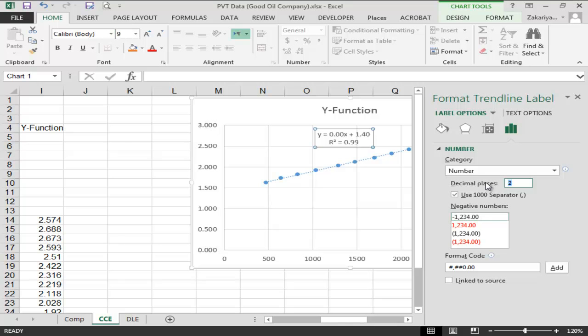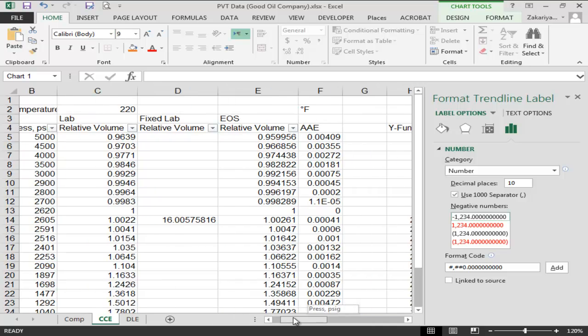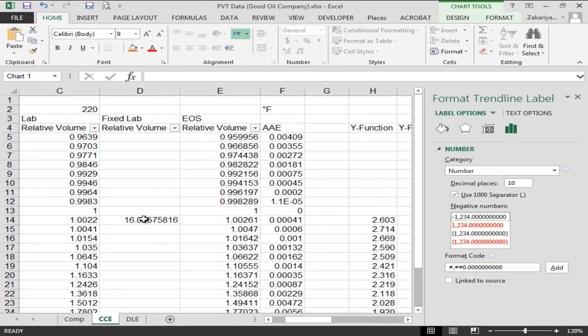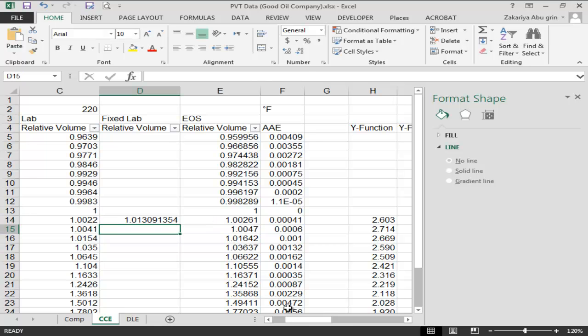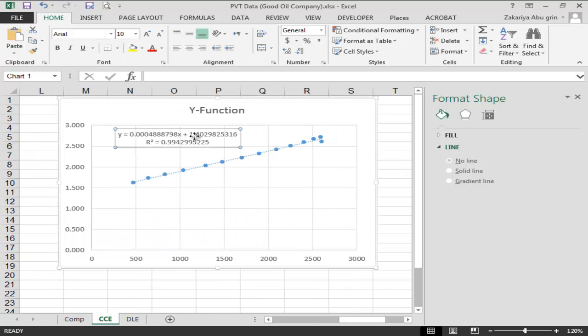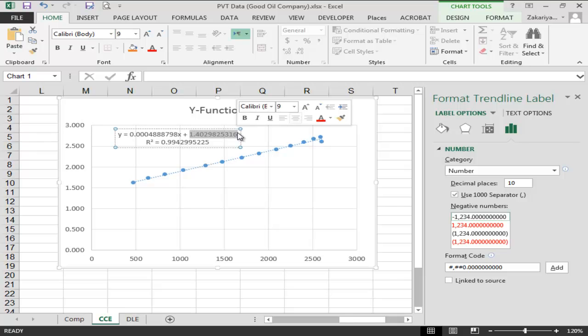Here is the number of digits that you want to see. So now I am able to take the value for my slope. The slope will be the B value, which is here, and the intercept is this one.